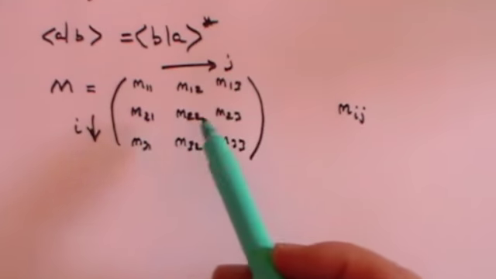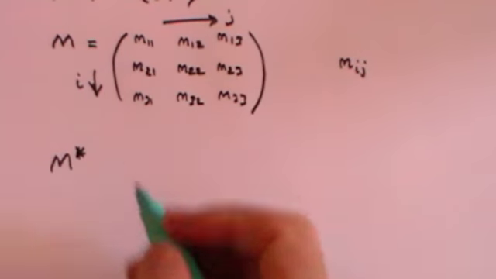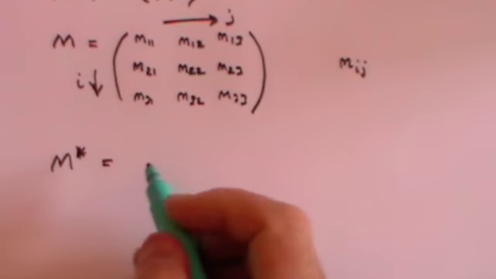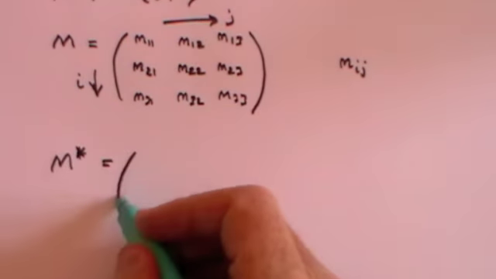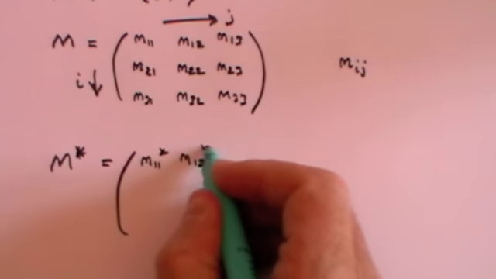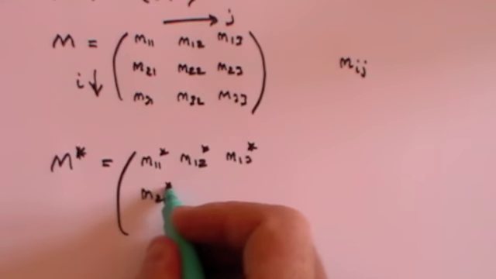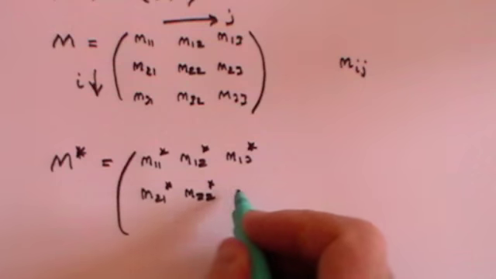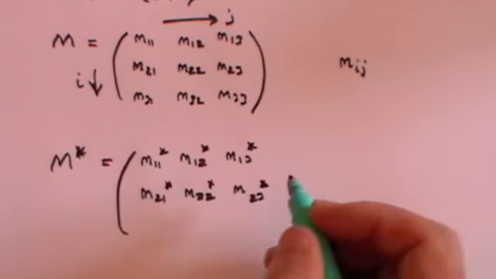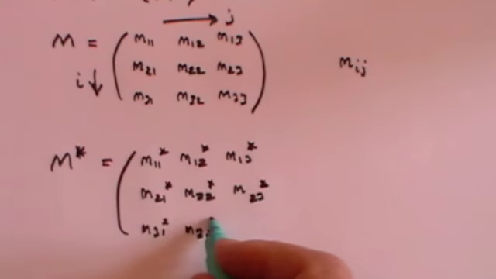Each of those elements, each one of these values, can be a complex number, and we know what that is. Now, I can create a complex conjugate of that matrix, which we call M star, and guess how I do it? You're absolutely right. We simply take the complex conjugate of each element in the matrix. So I've now got to write out each element, but for each one, I simply put a star, meaning that each element of the matrix has been complex conjugated.